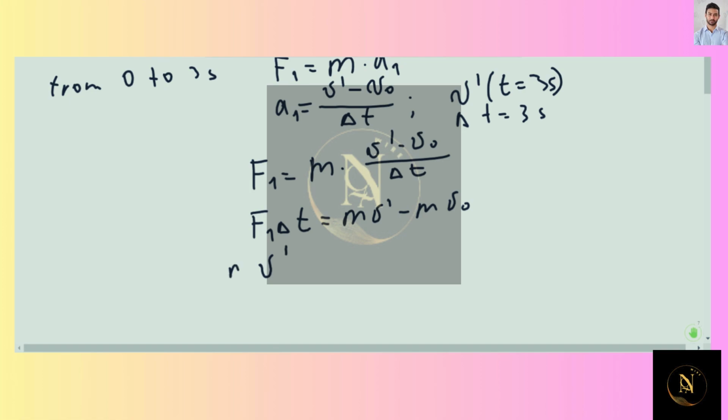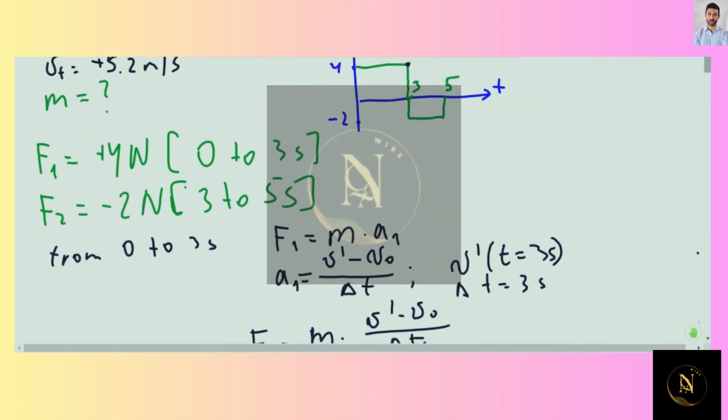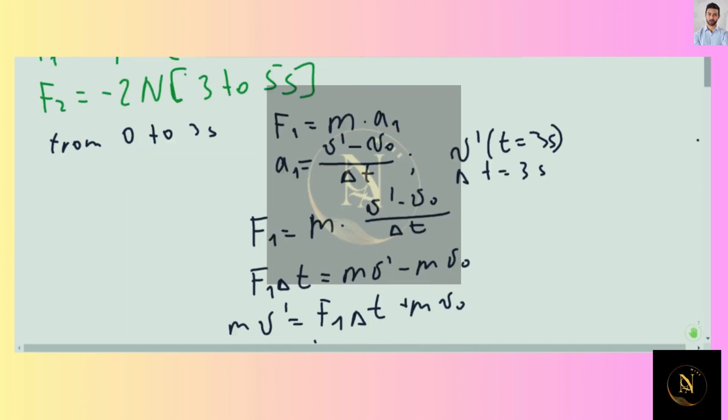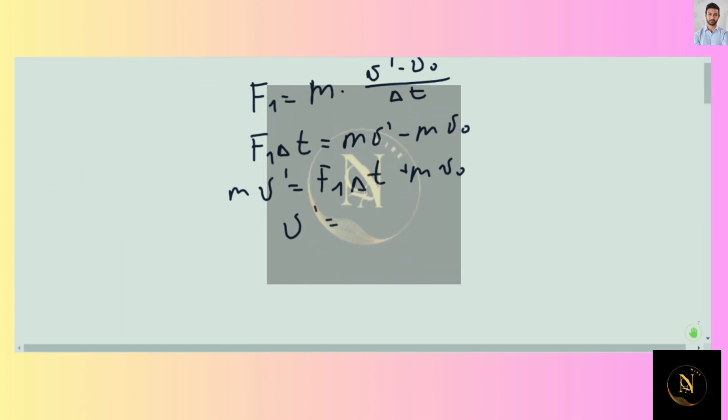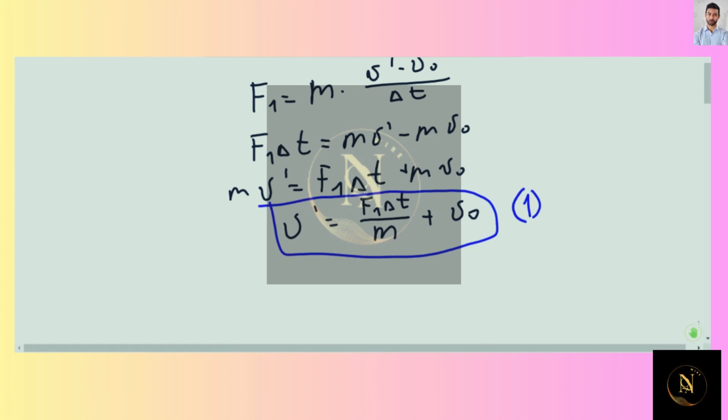V prime multiplied by mass equals force multiplied by the period of time during which it was applied plus m v0. So the speed at the end of this stage equals F1 multiplied by delta t divided by m, plus v0. This is our first equation which we're going to use to calculate the mass.